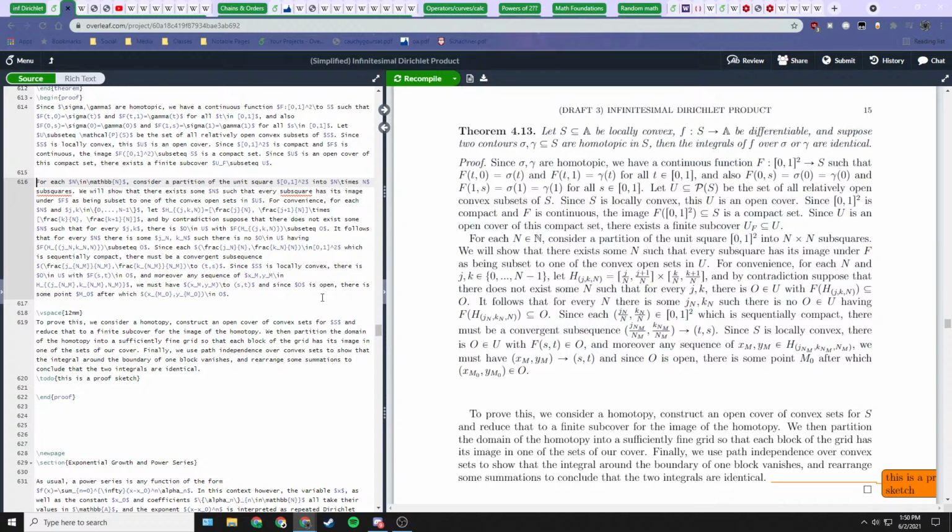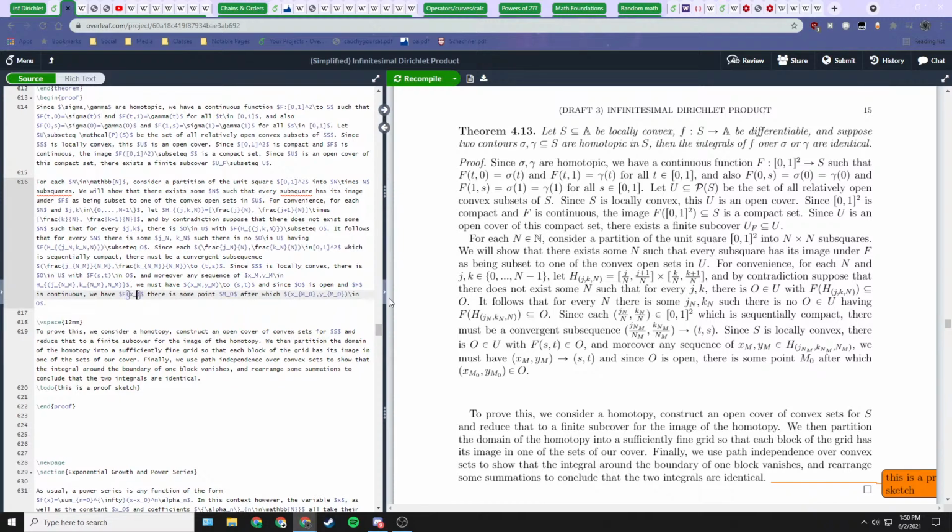And since O is open and f is continuous, we have f of (x_m, y_m) going to f of (s, t), which is in O. So there is some point after which x_m and y_m are in O for all sufficiently large m.